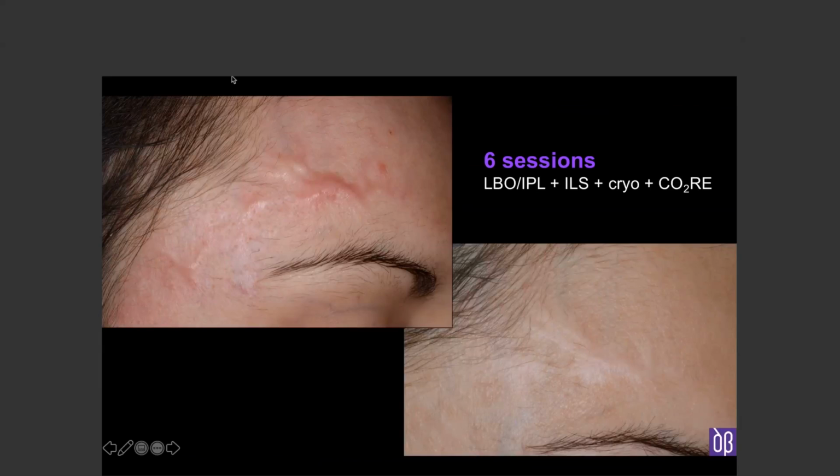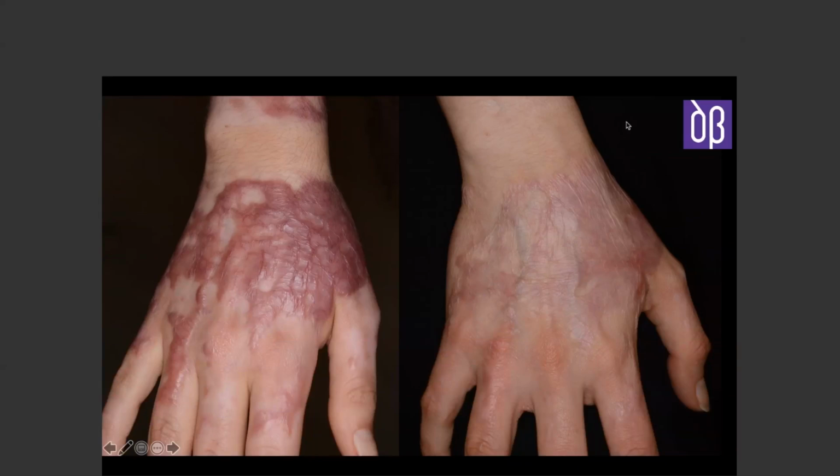This patient was actually treated with 6 sessions of IPL or LBO laser plus intralesional steroids and 5-FU plus cryotherapy with a tip you saw in the video before, and finally a fractional CO2 laser using the deep mode with the core.